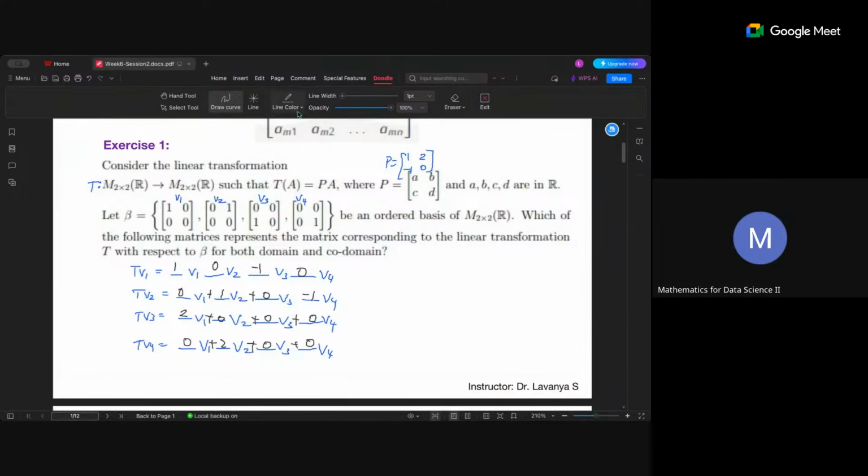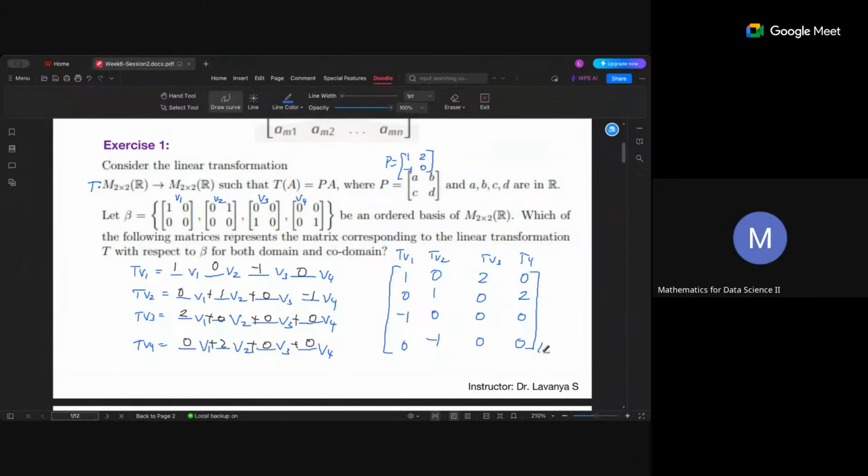So remember, for writing the matrix, always first write TV1, TV2, TV3, TV4, and then you write the matrix. So what's the first column? 1, 0, minus 1, 0. And here 0, 1, 0, minus 1. 2, 0, 0, 0. 0, 2, 0, 0.